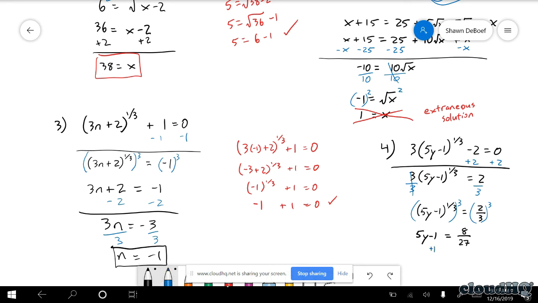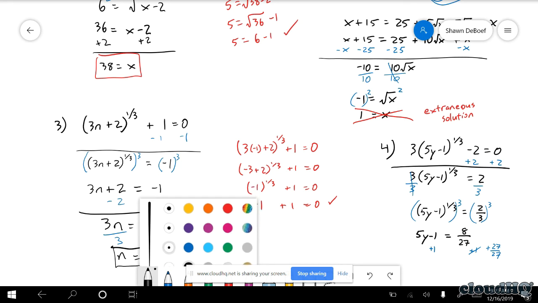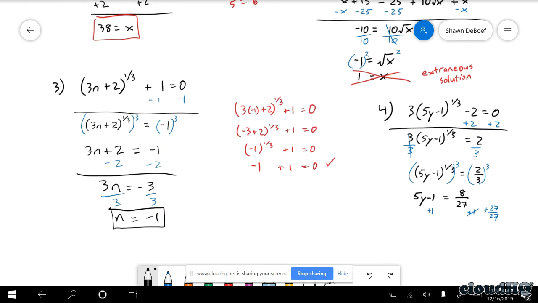Now I'm going to add 1, but I really want a common denominator, so I can think of 1 as 27 over 27 on the right side. So 8 27ths plus 27 27ths. 8 plus 27 is 35 27ths. Divide by 5.